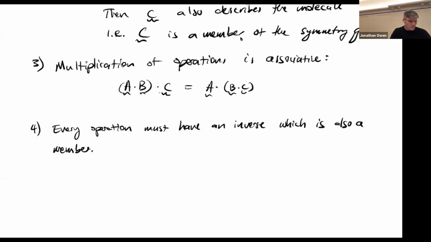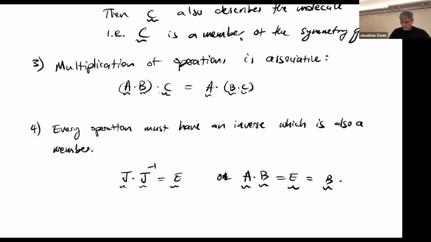So remember, if you have some operation J and J minus 1 is the inverse, that product is the same thing as the do nothing operation. It's also true that if you have two operations that give you back the identity operation, you can do them in reverse.